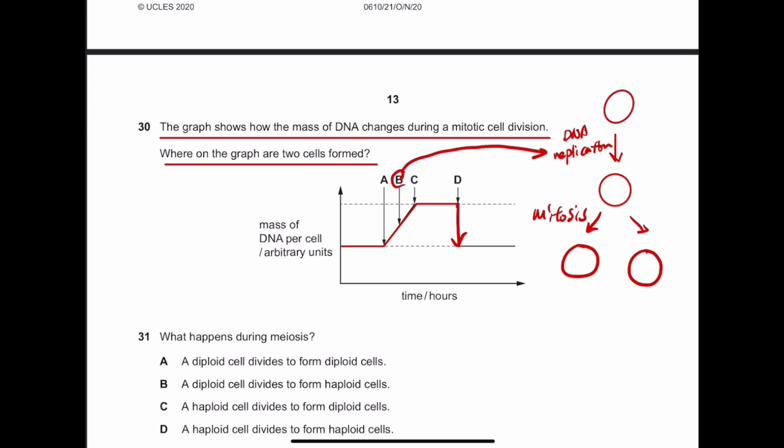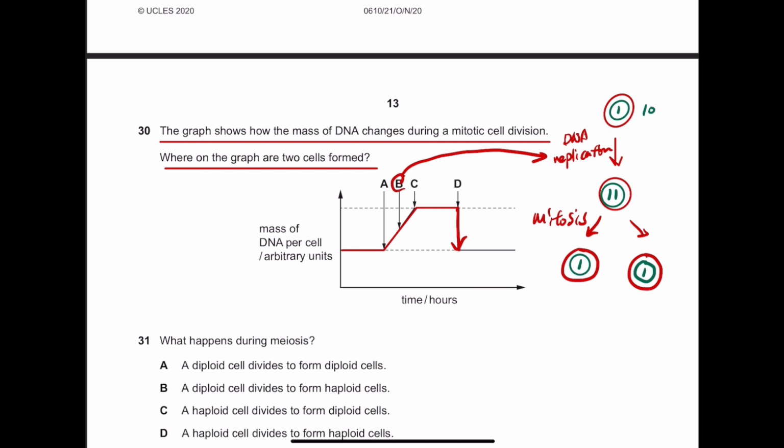So I'll just draw it here. Let's say there was one chromosome, one strand of DNA. When DNA replication happens, it becomes 2. And then during mitosis, it becomes 1 again per cell. So let's say the mass was 10 grams, which doesn't make sense anyway.